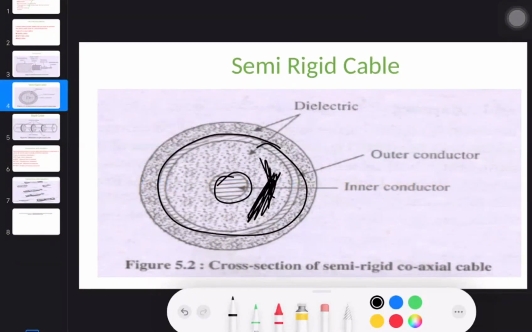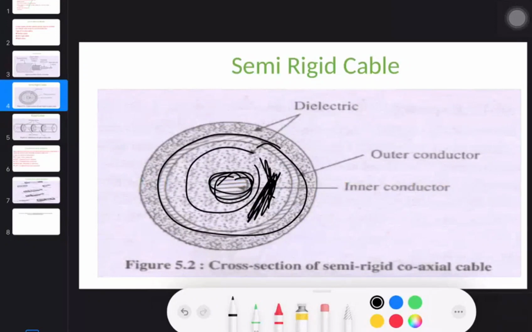So this is the semi-rigid type of cable, where it consists of the inner conductor. As you know, the copper pipes you see in any connectivity are normally thin, so the diameter of this inner conductor is also thin. After that, the dielectric material is filled in between the inner conductor and the outer conductor.